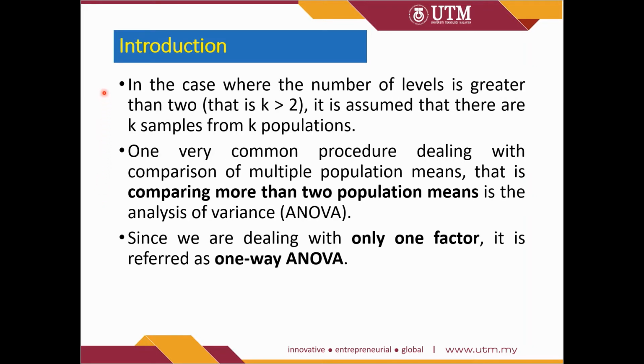In the case where the number of levels is greater than 2, that is K is greater than 2, it is assumed that there are K samples from K populations. For example, previously the multivitamins had 2 levels, brand A and brand B, which means that we have taken 2 samples from 2 populations.